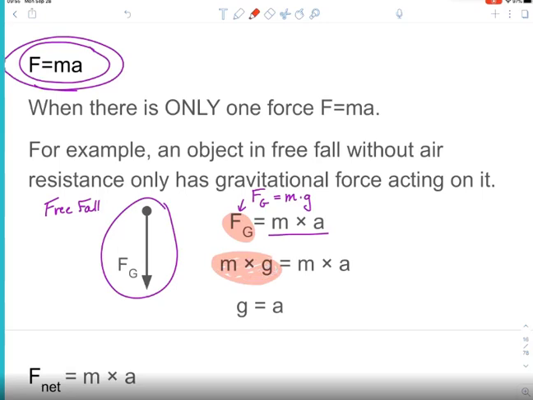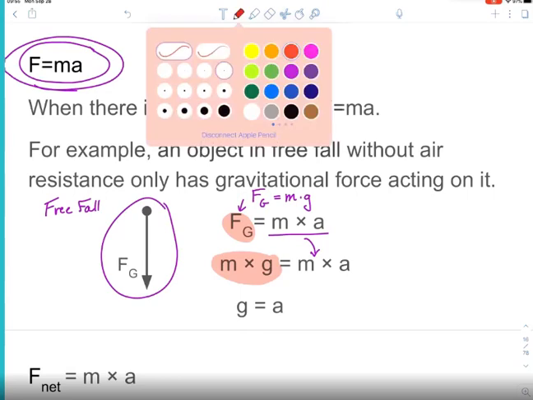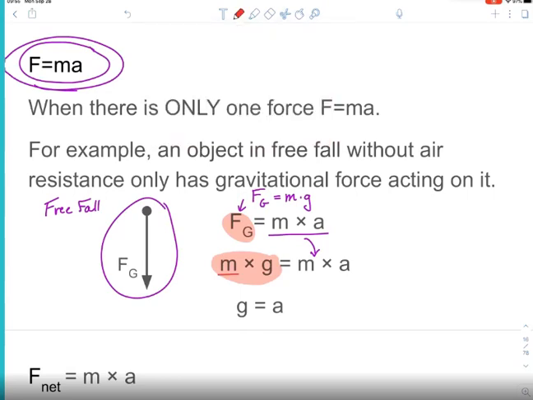All right, so now I have mg here on the left, and I'm just going to transfer the ma right down, so that does not change. Then you'll notice that on both the left and the right, I have mass. So I'm going to divide both sides by mass, and the masses will cancel out. And I'm left with g is equal to a.